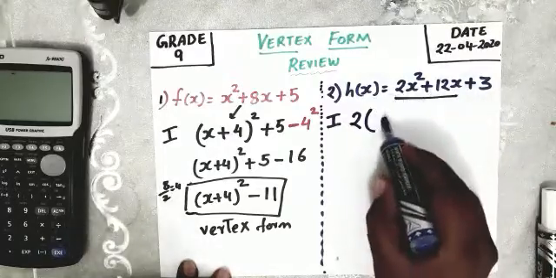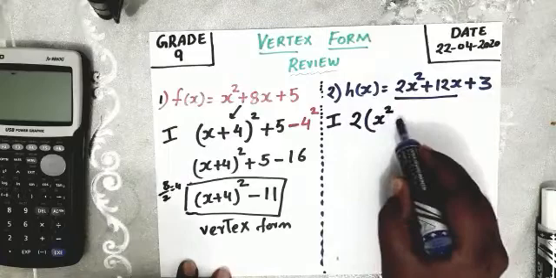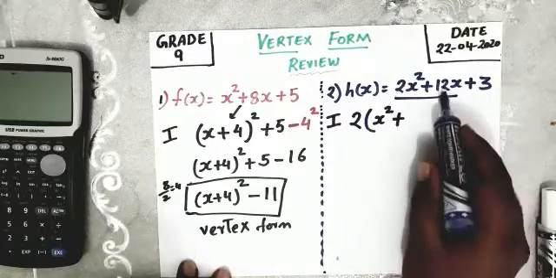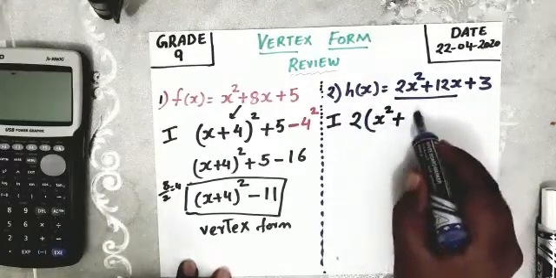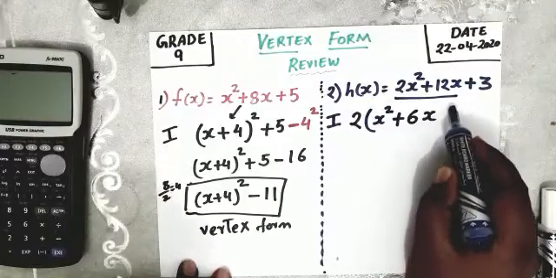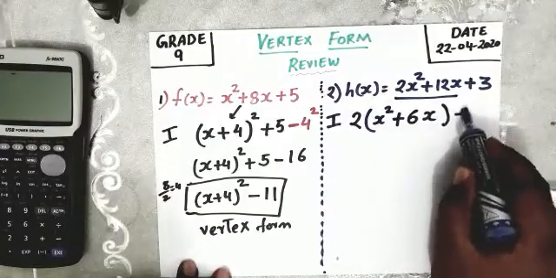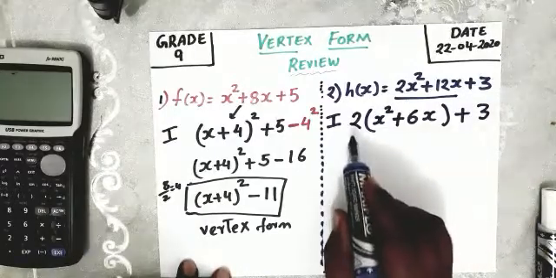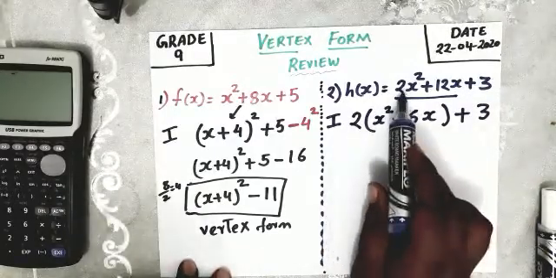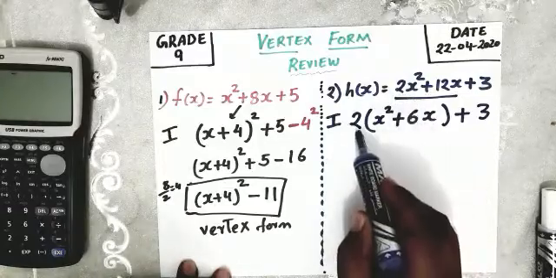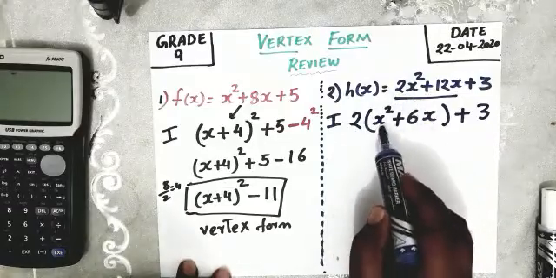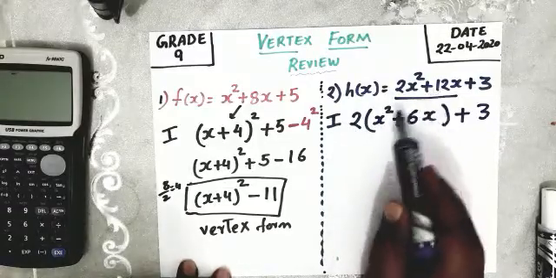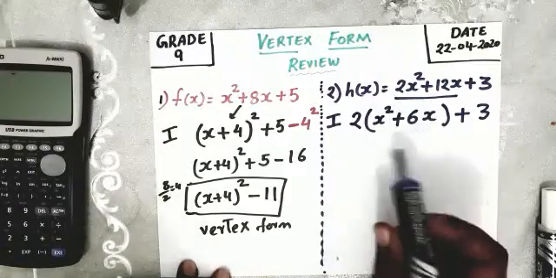So if I take the 2, I'm left with x square plus 12 divided by 2 is going to be 6x, and keep the constant outside. Okay, so this is one extra step what you have to do whenever there is a coefficient of x square. 2 bracket x square plus 12 divided by 2 is 6x.